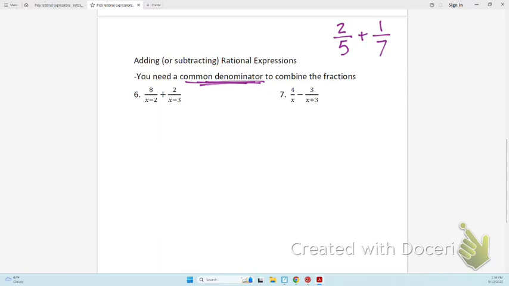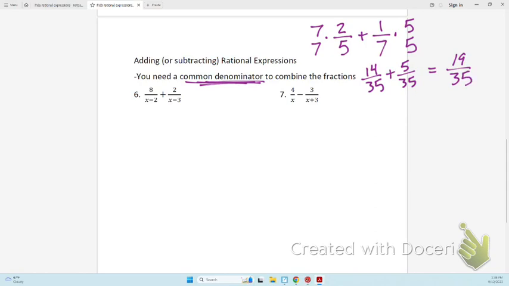And one trick to doing that is to just multiply by the other fraction's denominator. So for example, 7 and 7, and the other fraction's denominator is 5. And that'll give you a common denominator. You get 14 35ths plus 5 35ths. Don't actually add the denominators, and you get the answer.